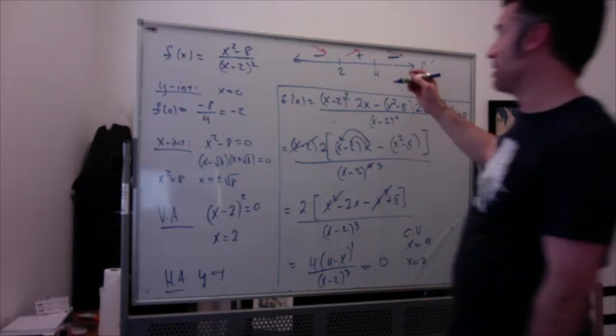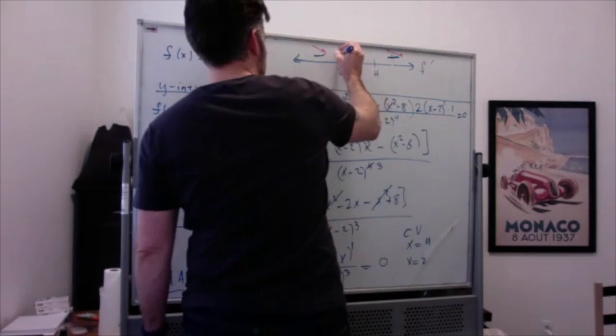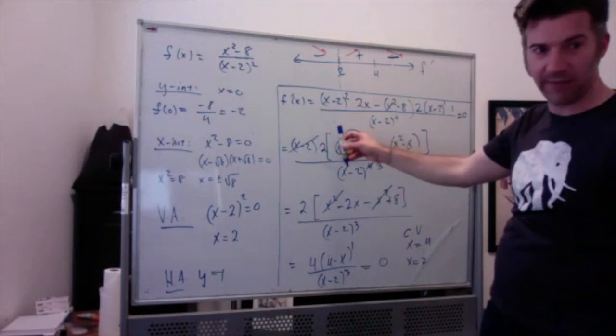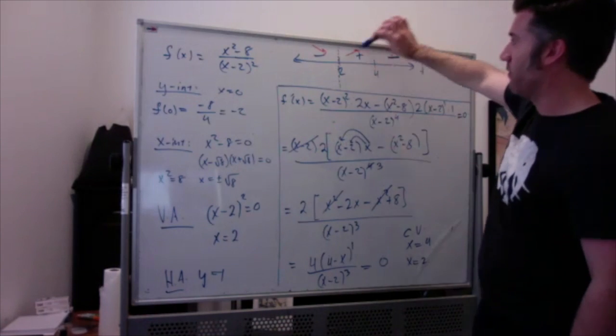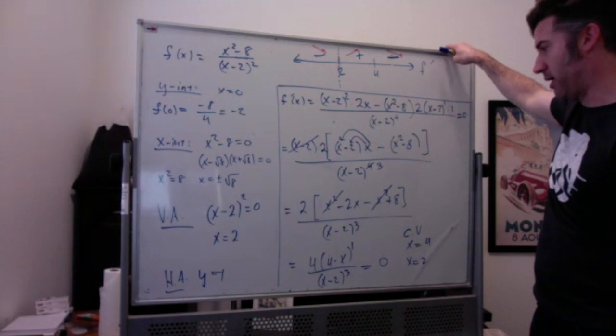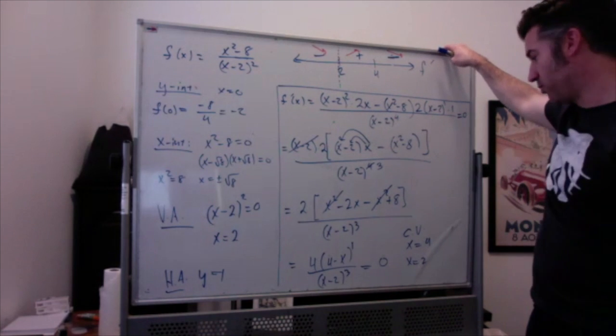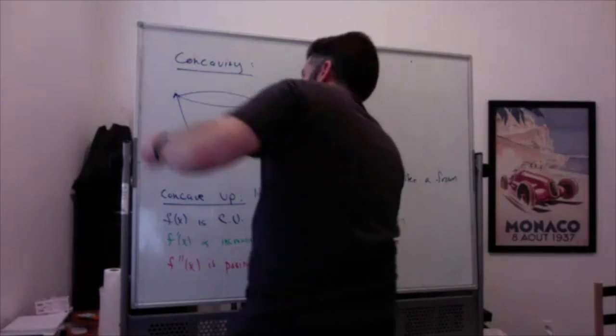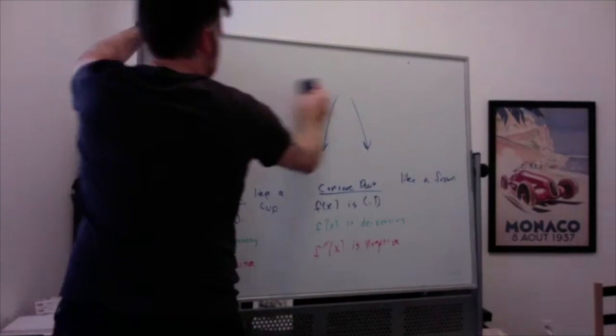But really what's happening is we have a vertical asymptote at 2. So our function is going to go down to negative infinity and then come back up from negative infinity like that. All right. So at this point, we could graph most of the thing. Oh yeah, okay, fine. So let's see what we've got here.